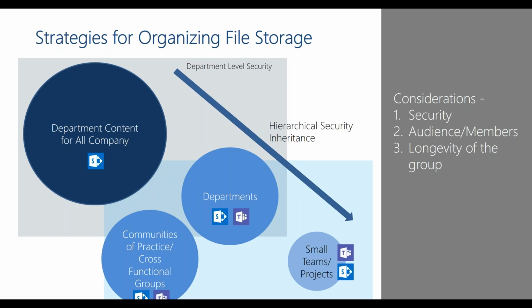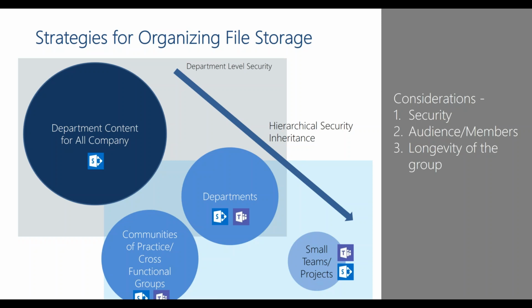And then, as you get down to the bottom of the funnel, you have those small teams or projects that may require even more restricted security, or certain file types, like HR personnel files. As you get deeper into that pool of who has access to what, it becomes a lot easier to manage broken inheritance of security as you get further down that funnel and limit the number of people who have access.